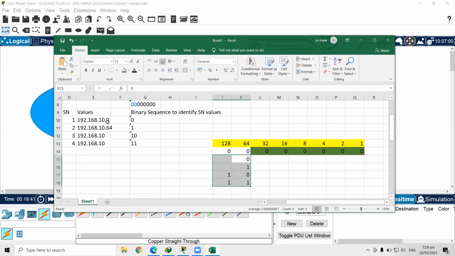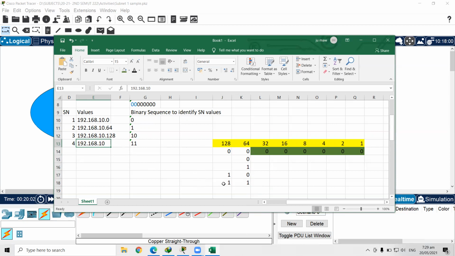So 0. This is 64. So next will be 128. Next is dalawang 1.